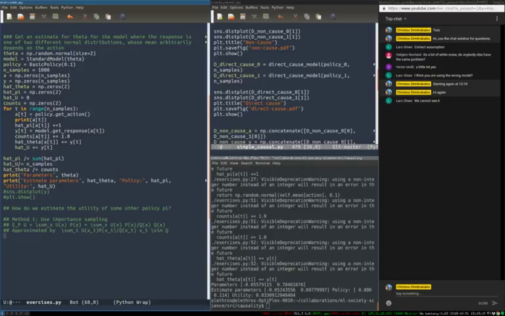So we can use the same idea for estimating the value of the policy that is different from the one I've actually observed, right? So now the only thing you have to add here is the probability of taking an action now, right? Under one policy versus the probability of taking the same action under the other policy.